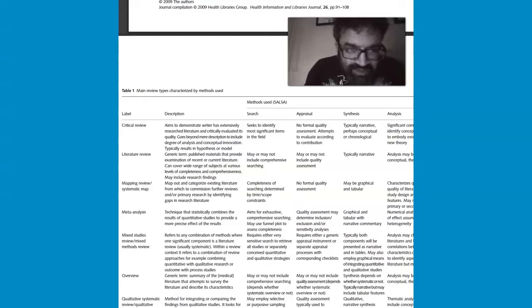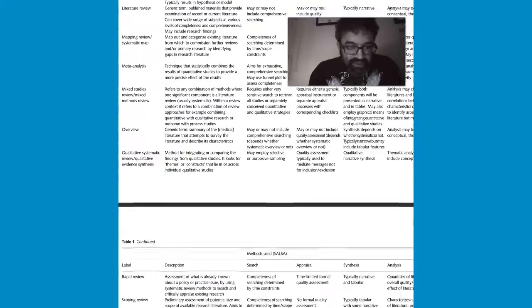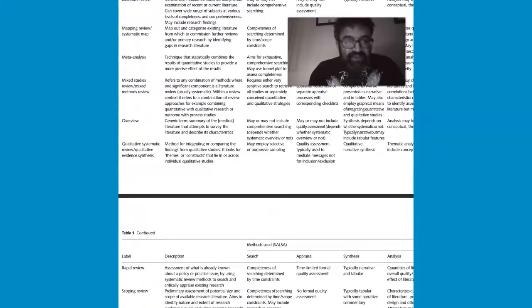But in terms of this table, the critical review aims to demonstrate writer has extensively researched literature and critically evaluate its quality. Literature review, of course, you've heard of. Mapping review, systematic map, meta-analysis, mixed studies review, mixed methods review, overview, and then qualitative systematic review, qualitative evidence synthesis.